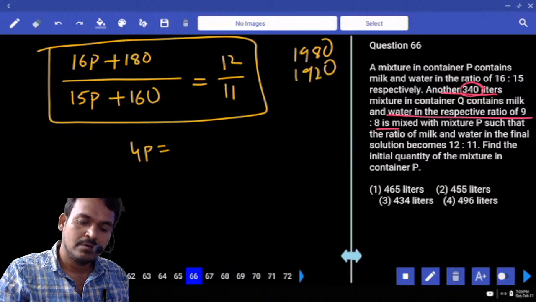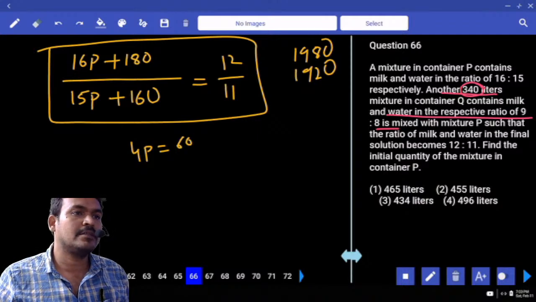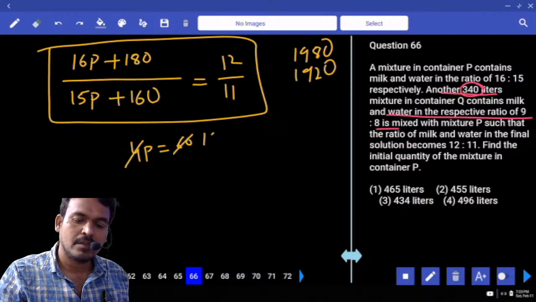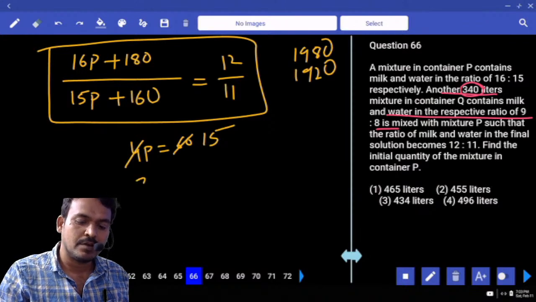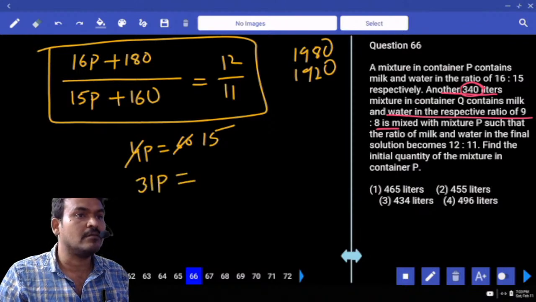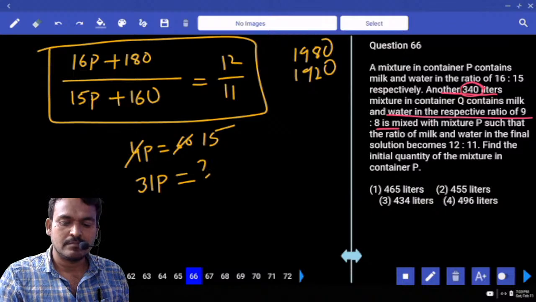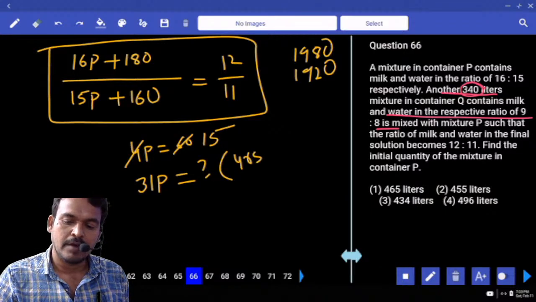What is the difference? 60. 4 parts are 60, which means every one part is 15. How many parts do we need? 31 parts. 31 into 15 is 465.